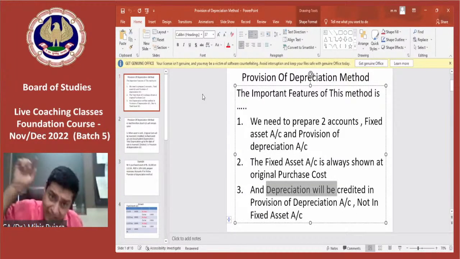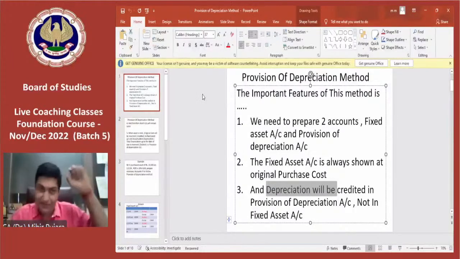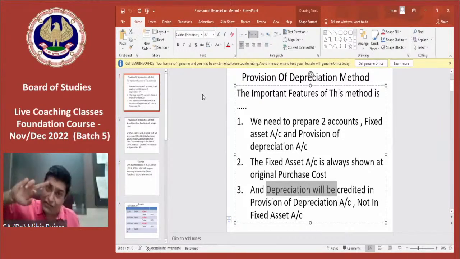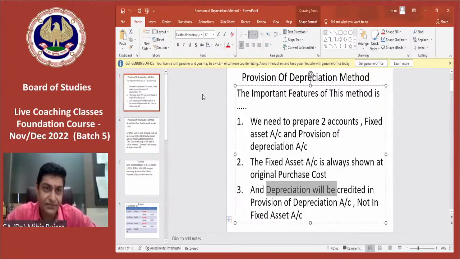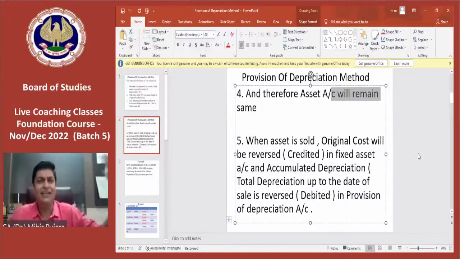But in this method, the rule says that no, depreciation will not be credited in the FA account, but it should be separately recorded in a separate account called provision of depreciation. And therefore we learn one more point: the asset account will remain the same unless and until a new asset is purchased or sold.